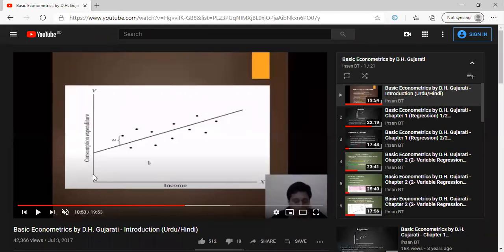But if you draw a line like from here to there, that is a huge, huge mistake. The problem is nobody knows what the intercept is and what the slope of that line is. Now, it is econometrics' duty to find out the intercept and the slope.